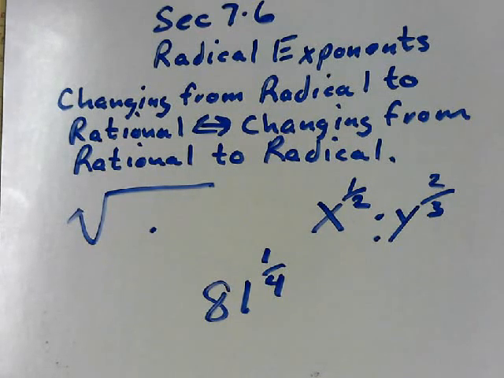Well, you could actually use your calculator and find it if it was a rational exponent, because on your calculators you have a y to the x key. You could put in 81, hit that y to the x, and then put in the exponent of 1/4, like parentheses 1/4, and you could find the answer, which happens to be 3.